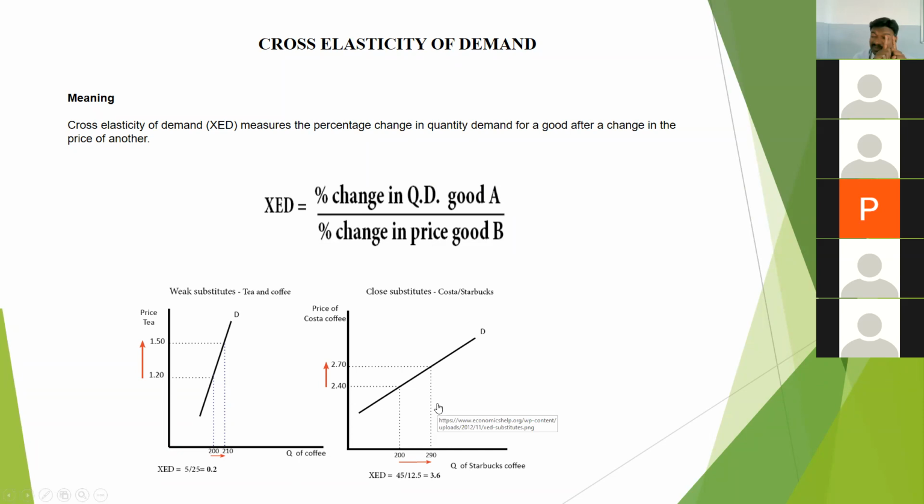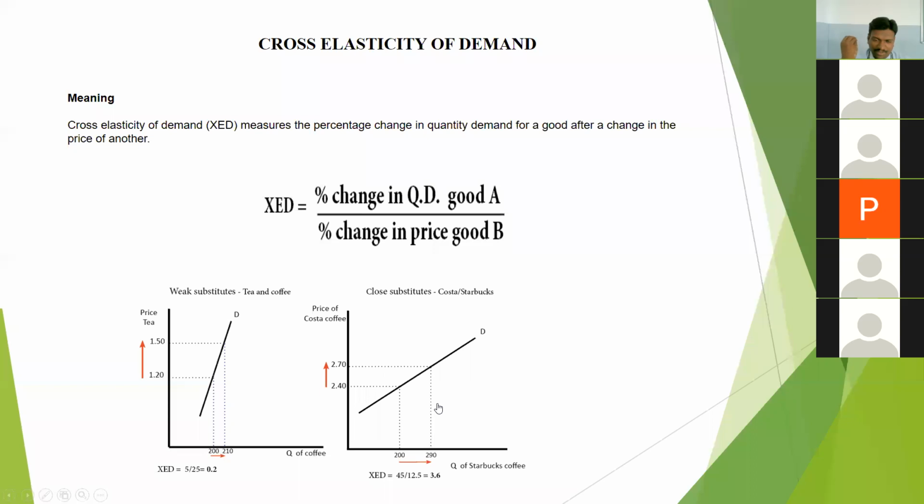Here, the relationship between price and quantity demanded of the same commodity is an inverse relationship. But the price of A and quantity demanded of B, if you measure, that shows a positive relationship, because when the price of tea increases, that will result in an increase in the quantity demanded of commodity B, coffee.